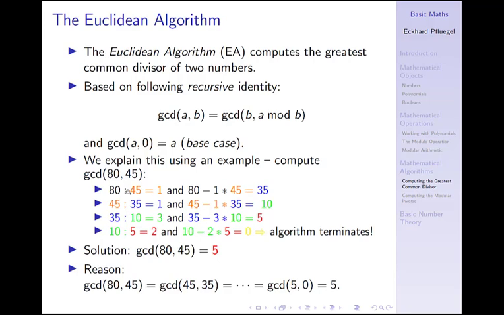So it's like an invariant. As you make progress in those different steps, eventually, if you went one step further, you would have 5 and 0, and we clearly know that the GCD of 5 and 0 is 5, and then you're done. That's the reason why you can stop when you have the 0, and then it's that number here. So that's all that's behind it.